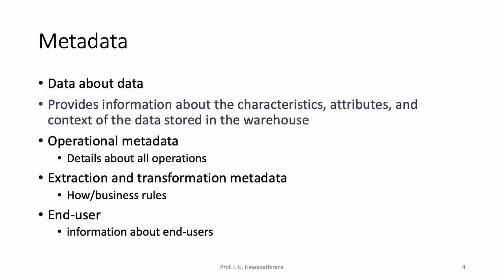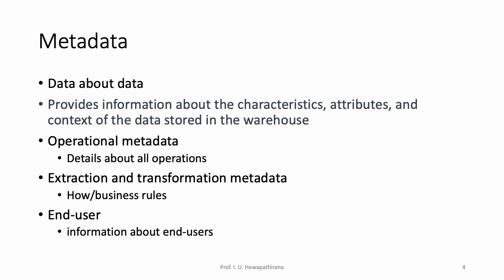Metadata is data about data. These data provide information about the structure of the data warehouse, about the characteristics, attributes, and the context of the data that is stored inside the data warehouse. So it basically gives some additional information about the data, right?